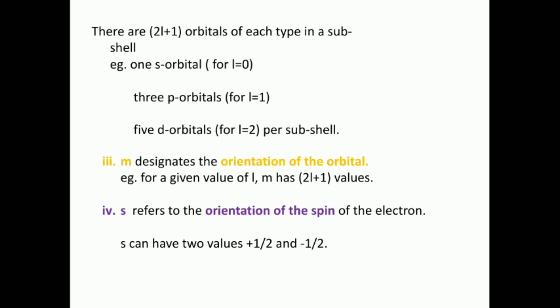We can take another example also. One of the p orbitals, let's take px. In px also we can accommodate a maximum of only 2 electrons. So each electron can have one of the 2 spins, plus half or minus half, spin up, spin down. Okay, so these are the 4 quantum numbers that we have discussed today.